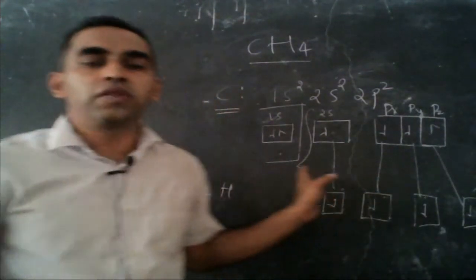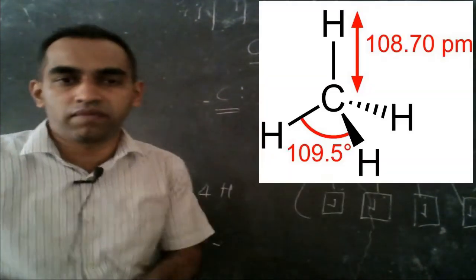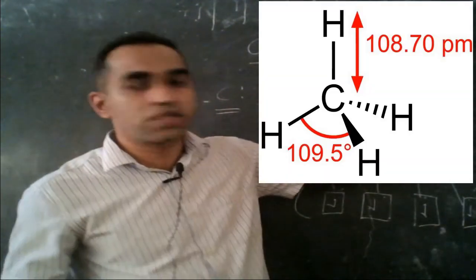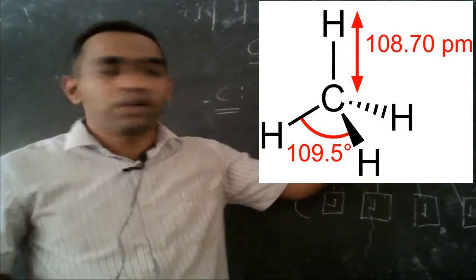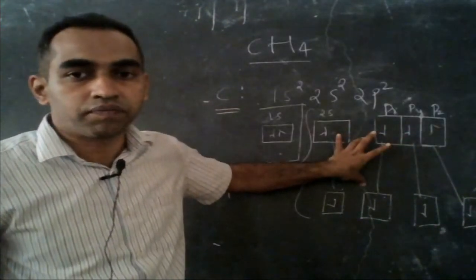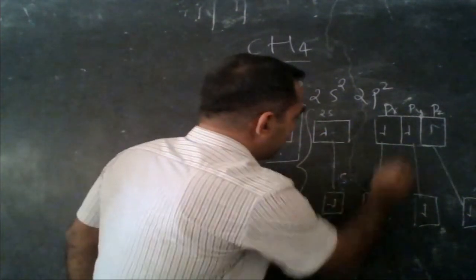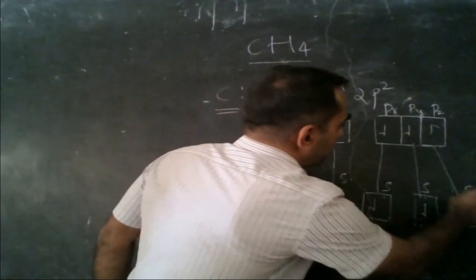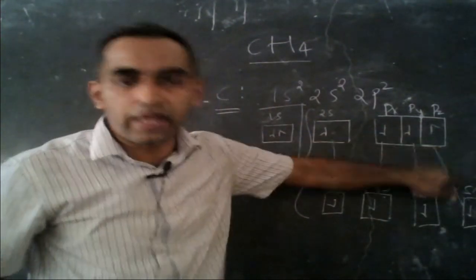But using this, can you explain the CH4 structure? Do you think so? If you explain using this, this is s-s, this is p-s, p-s, p-s, that is px-s, py-s, pz-s.